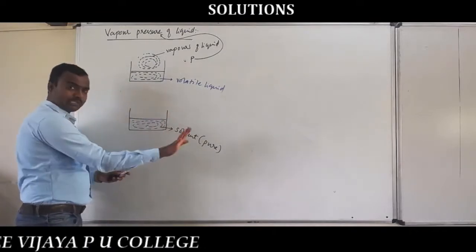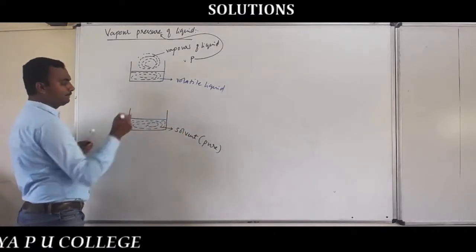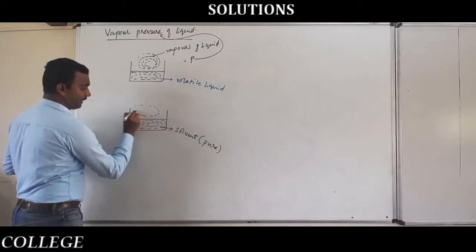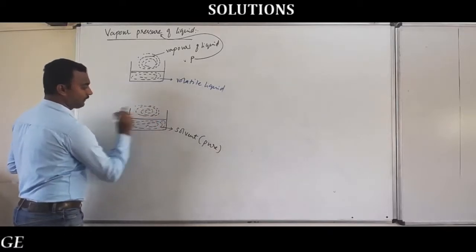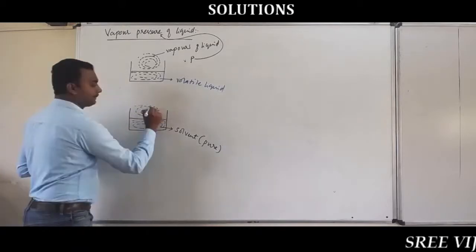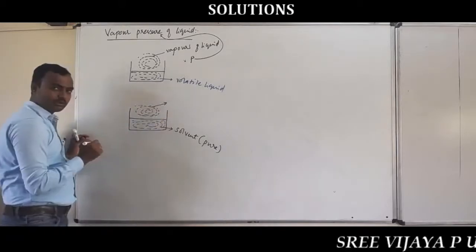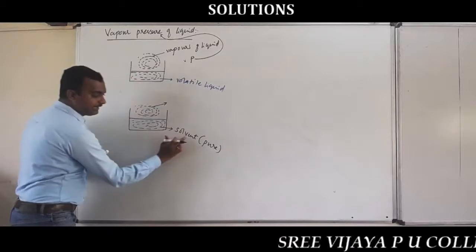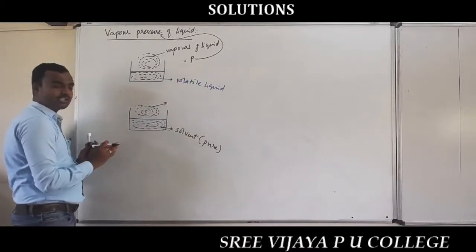Since it is volatile, the solvent gets evaporated and we get vapors of this solvent above the liquid surface. The pressure exerted by the vapor molecules above the liquid surface is called vapor pressure. Here the liquid is the solvent.